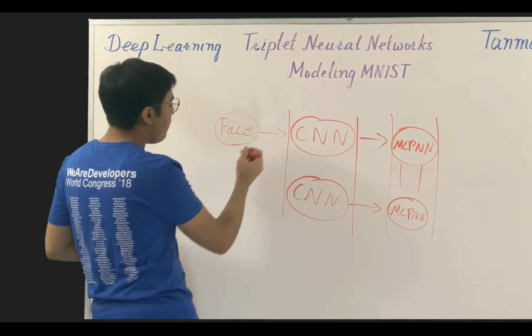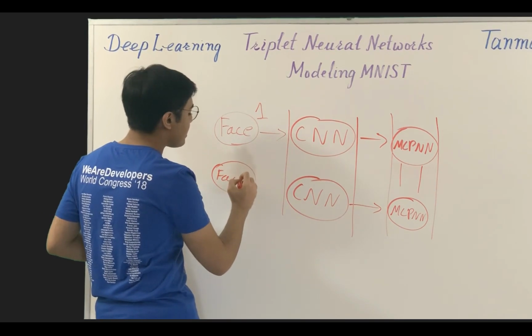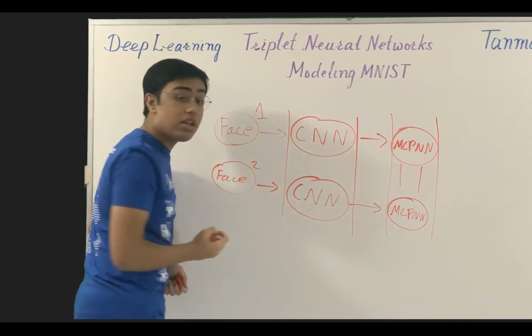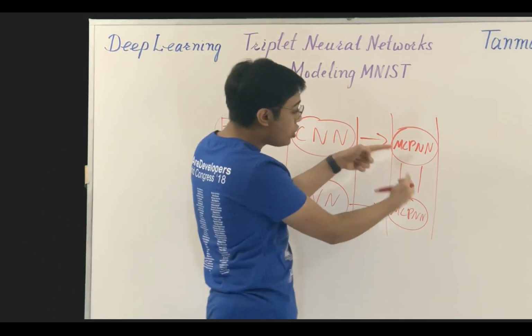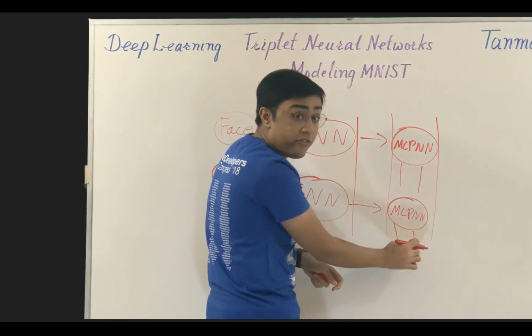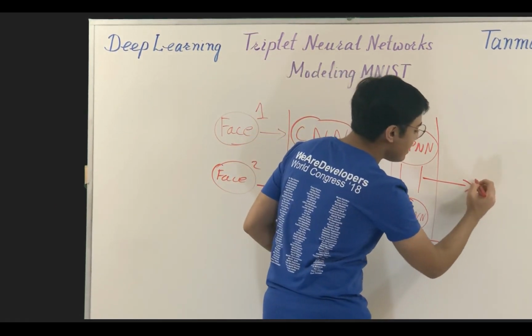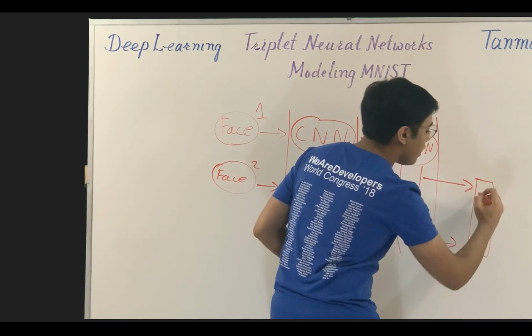But then you would feed in face number 1 and, of course, face number 2 into the neural networks. Now you have 2 separate feature vectors, because remember, there are 2 layers. At the end, you have feature vectors. And then what you do is you concatenate these, you merge them, all right?